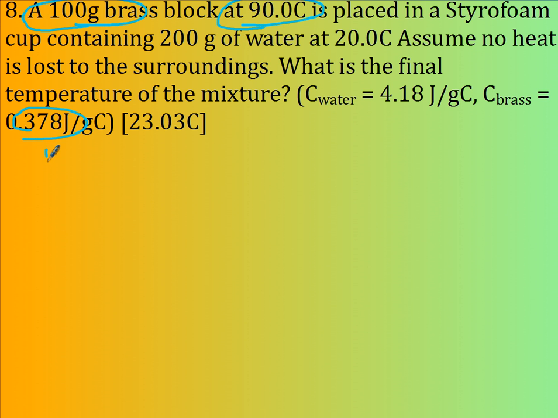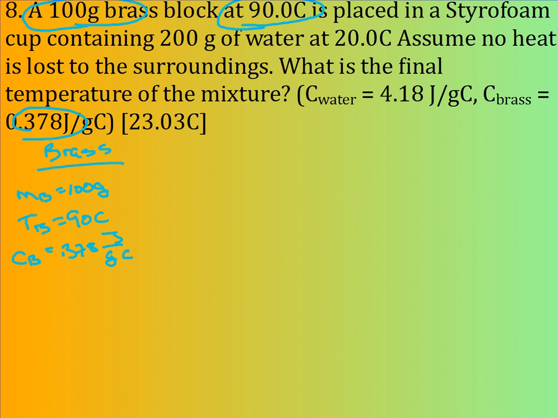So I'm going to put all the brass over here. Okay, so the mass of the brass is 100 grams. T, and I'm going to put a hot here. Let's do TB, is equal to 90 Celsius. And C for the brass is 0.378 joules per gram Celsius.